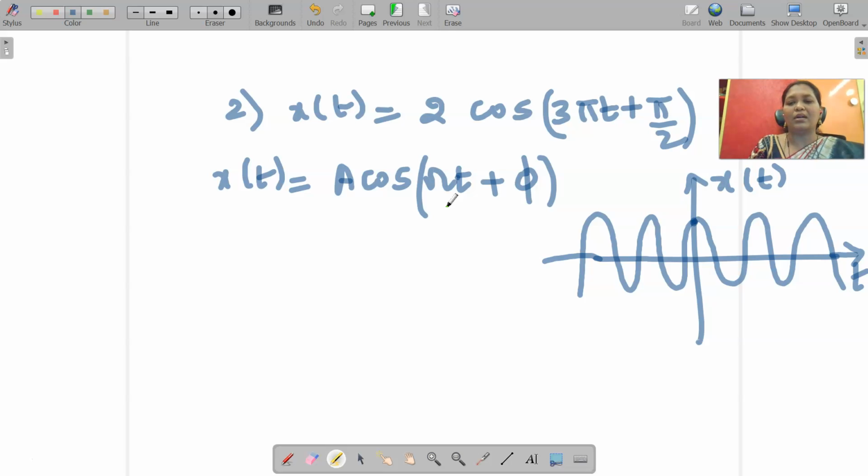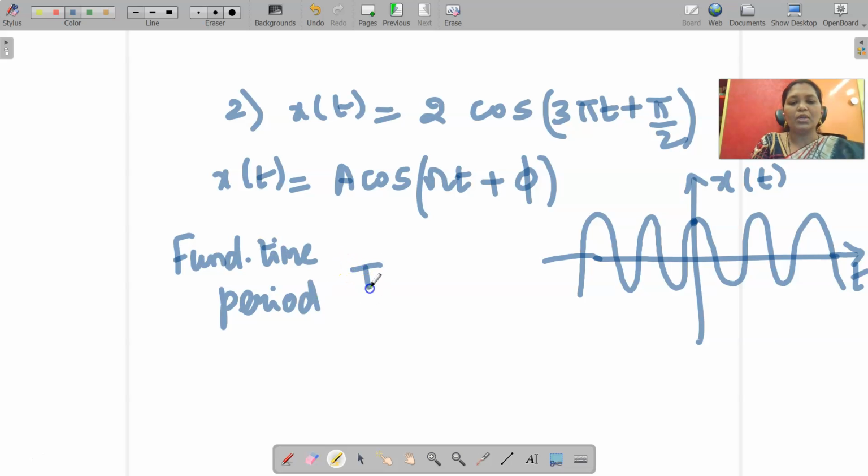What you require is the fundamental time period. Generally they will ask you to find whether the signal is periodic or not, as well as the fundamental time period. The formula is 2 pi by omega. I don't need the value of the phase shift, so no need to substitute it.